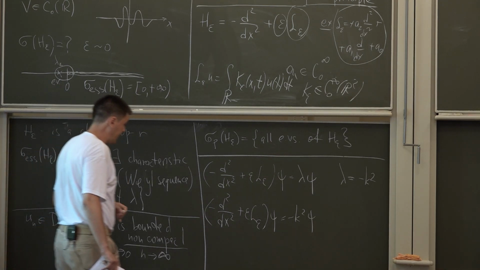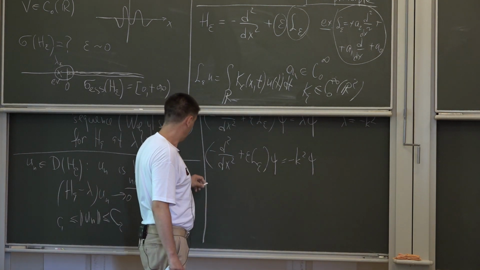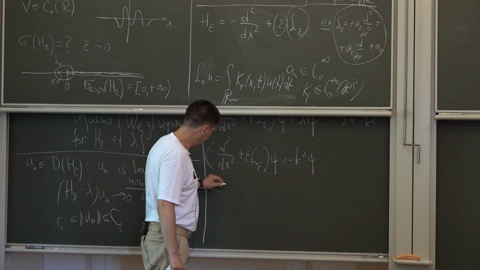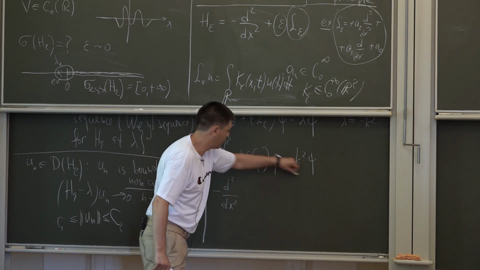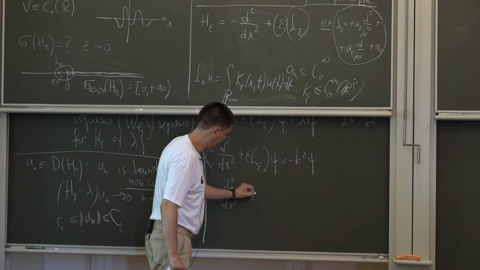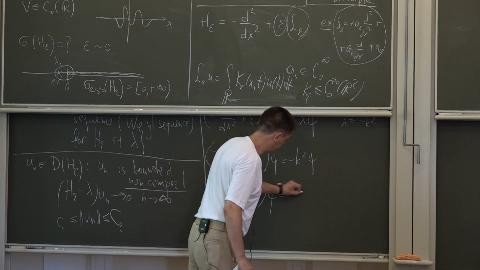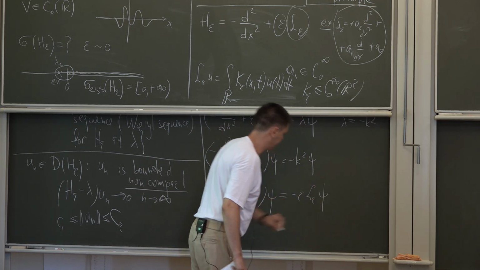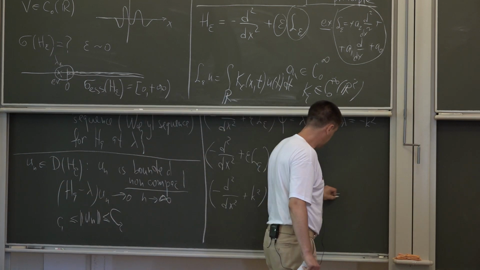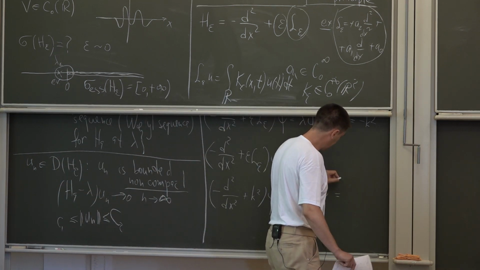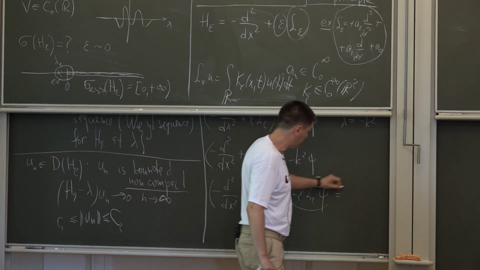Then what we do next is very simple calculations. We just move this term to the right, and this one goes to the left. Let's think about this term as the right-hand side.